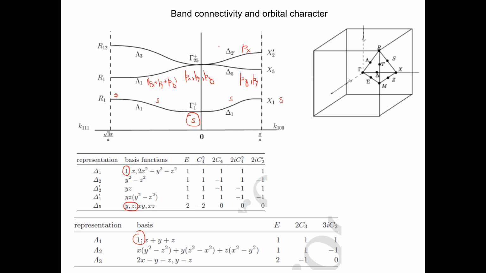I'm going to double check this picture to make sure it's right, but I think you understand the idea. From the band connectivity, you can get a sense of how the atomic characters of the different bands look like.